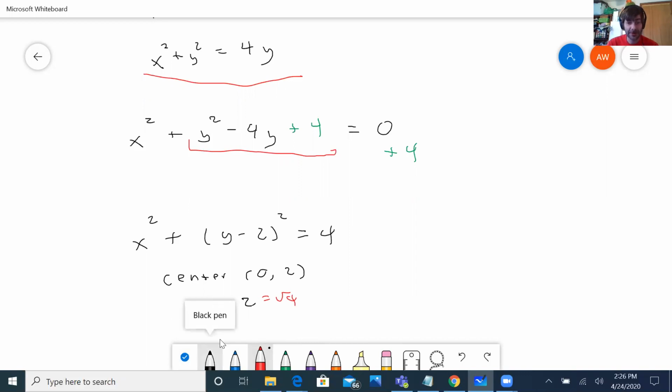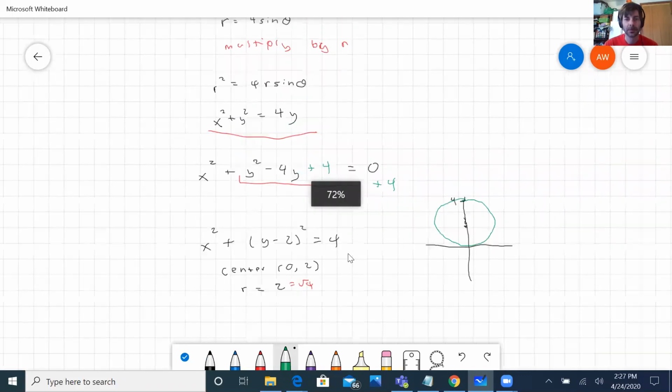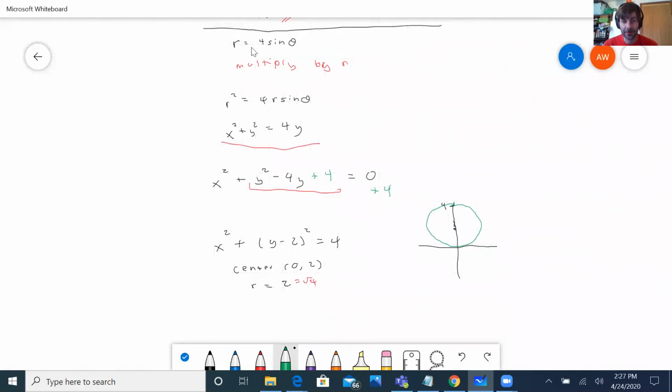Okay, so on a graph, I'm centered here. I'm going up to radius 2, so to 4. And you're going to look like that. So for sine theta, you got a circle that's facing upwards, like the y, like the sine, and it goes out to 4, from 0 to 4.